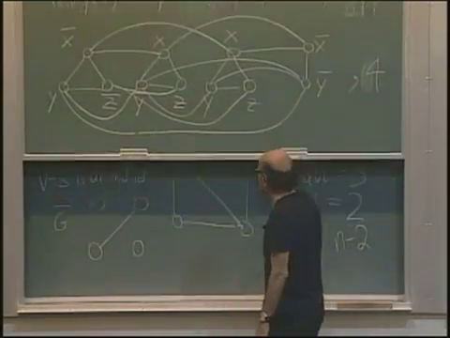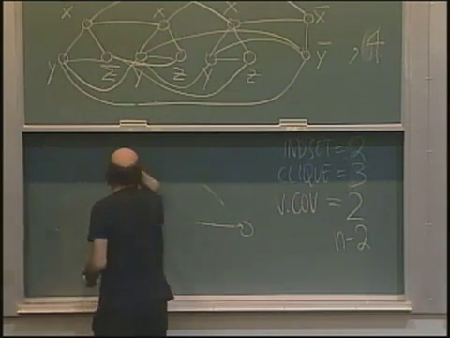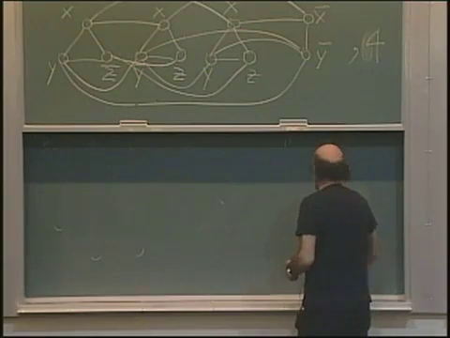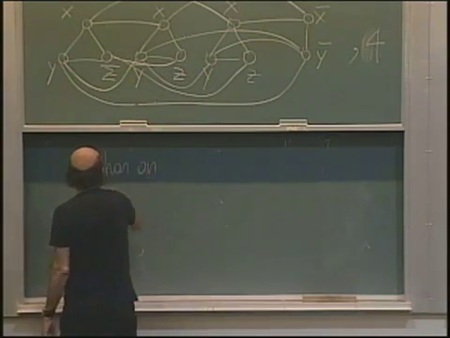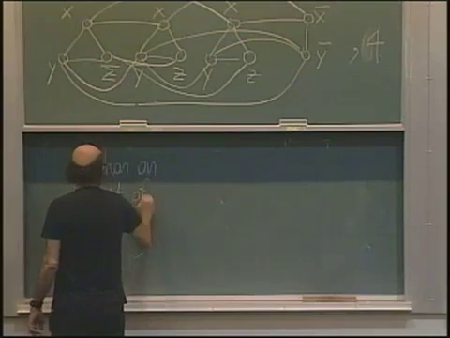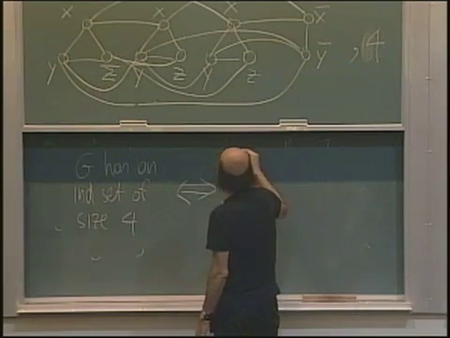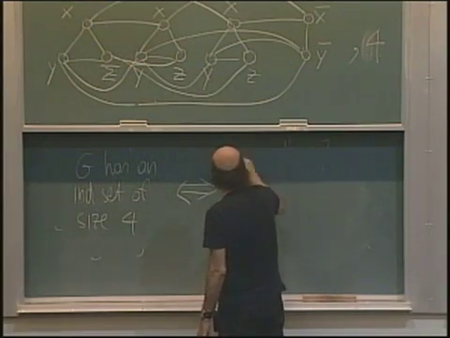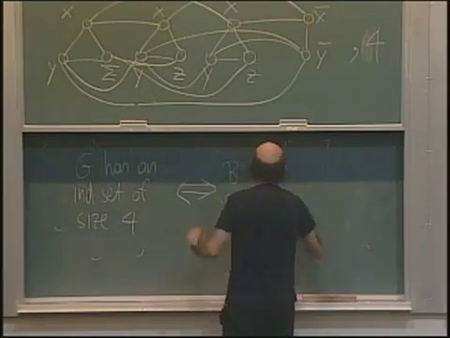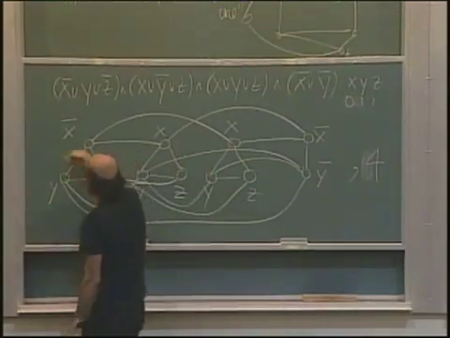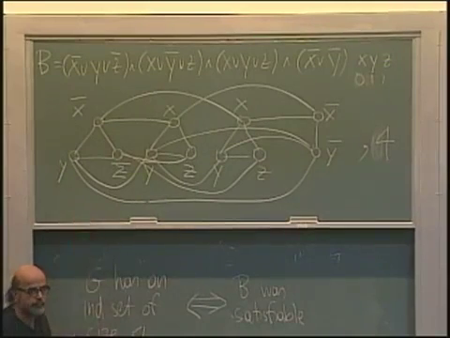I have to prove that G has an independent set of size 4 if and only if the Boolean function B is satisfiable. And by B, I mean this guy here.